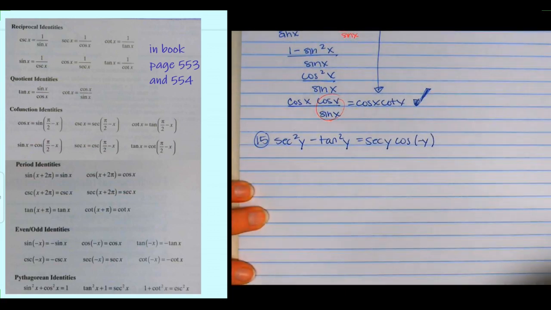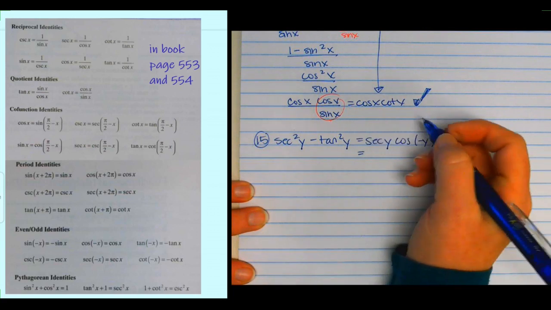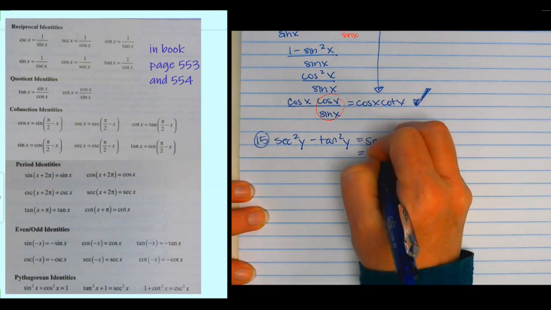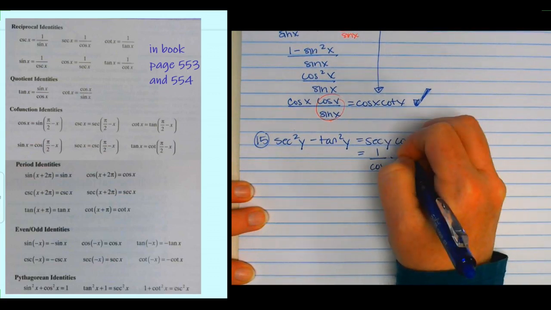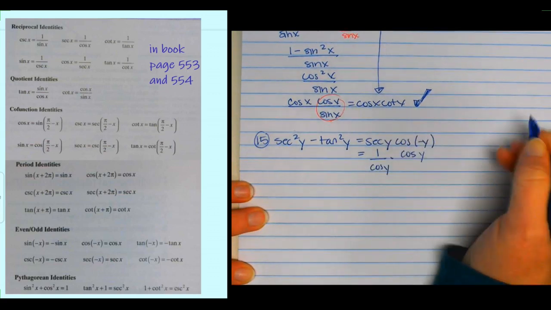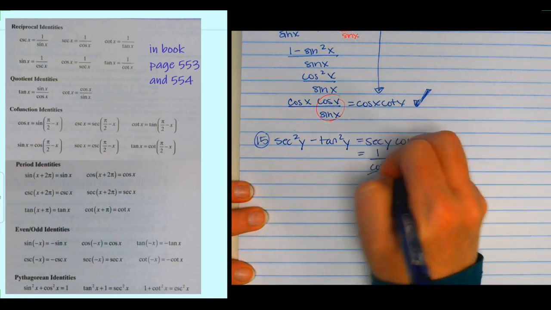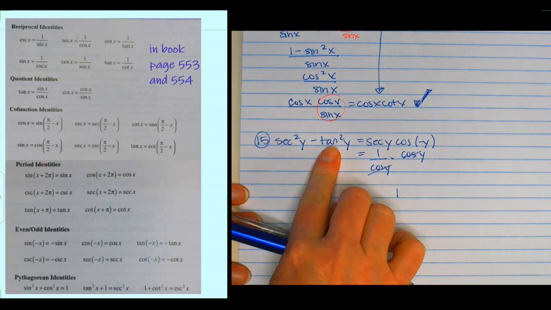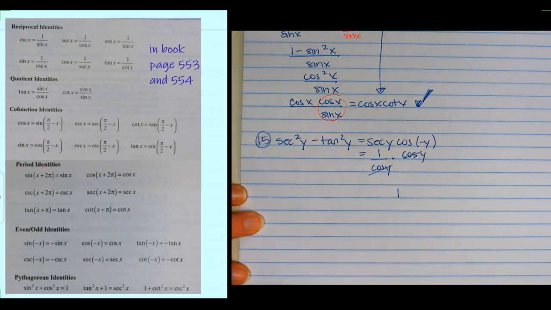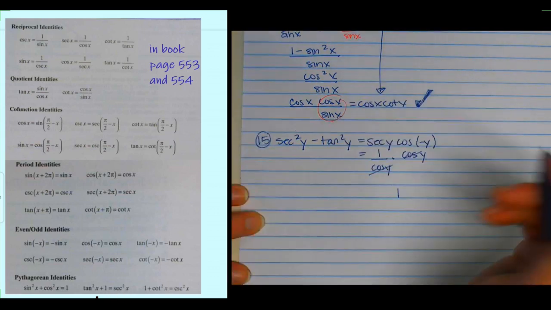So on the right-hand side, secant is 1 over cosine, and cosine of negative y is cosine of y, and these cancel, and I get 1. Over here, there's another Pythagorean identity, which I'll write down for you.